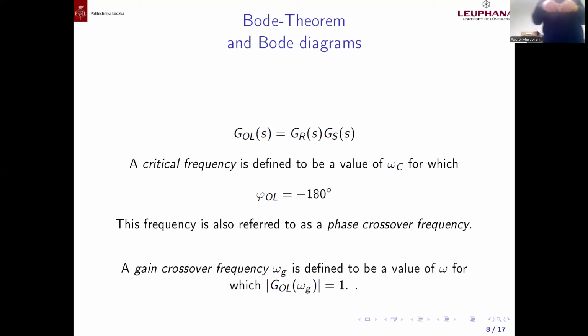I didn't introduce the theorem yet, but we are speaking about omega and not S. Because the Bode theorem is a really strong tool, because it allows us to evaluate not only the relative stability but also the stability of the system, starting from the open loop transfer function, but considering just the steady state analysis.